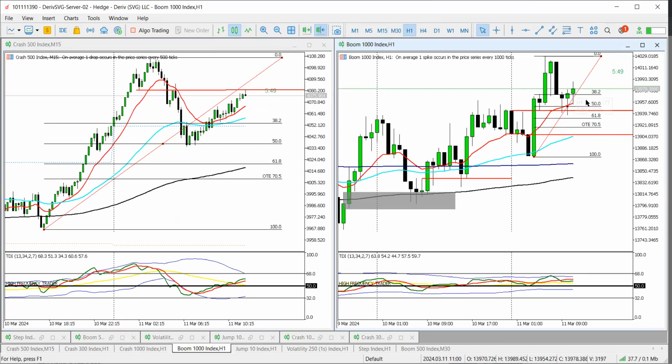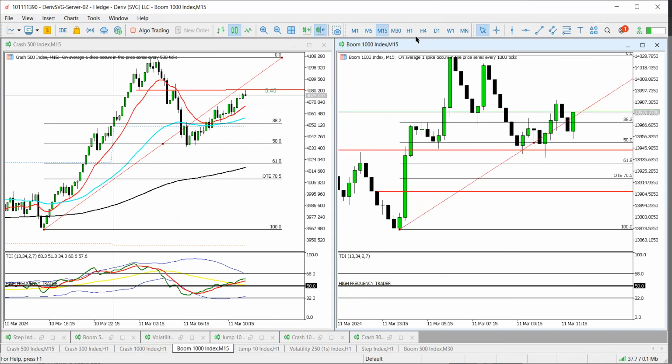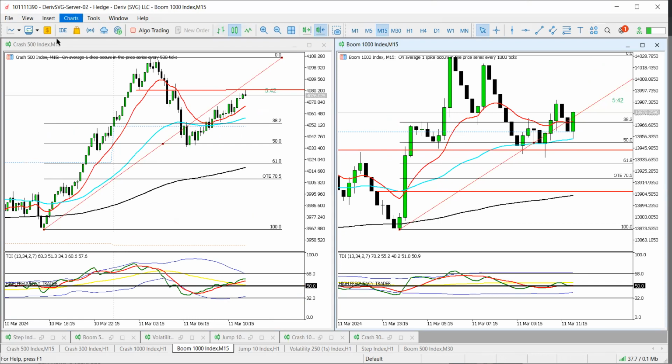You can see also B1 looks like it's respecting this. So if we jump to M15, I can consider a buy if I break this high here. Why I'm using this level is because I already have a low here, which I would consider a peak within this intraday move.